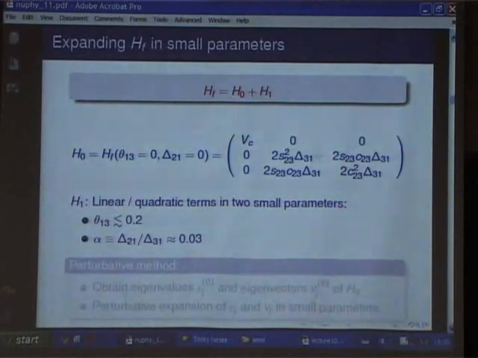You can look at the format of this 2 by 2 matrix here. No, not the same. This is cos square, this is sin square. Oh, these are the same. It's a Hermitian matrix. Hamiltonian.